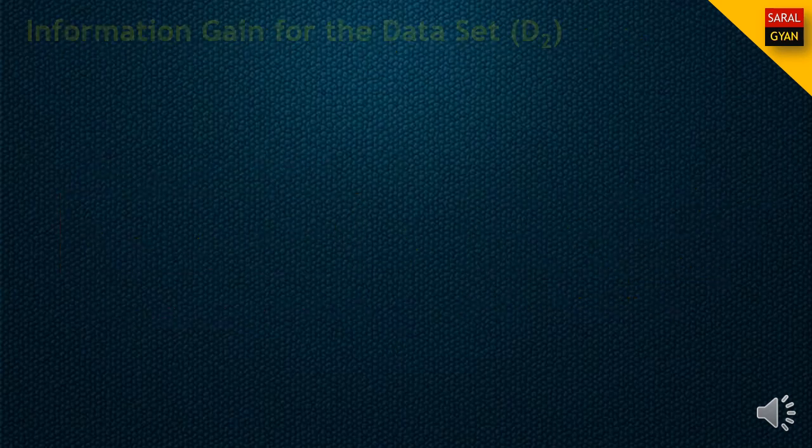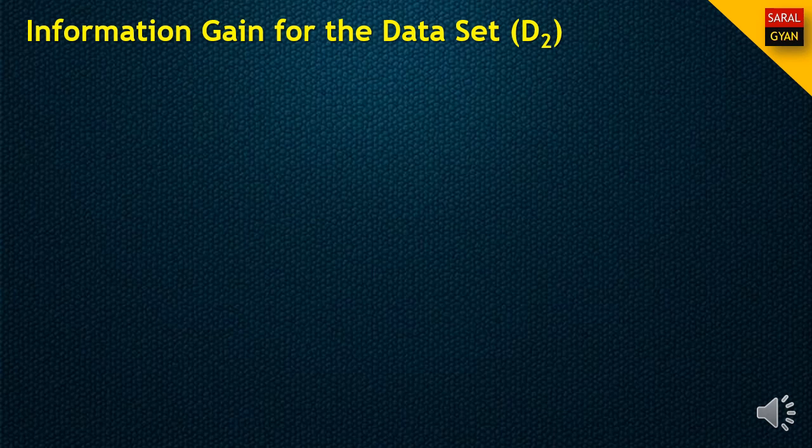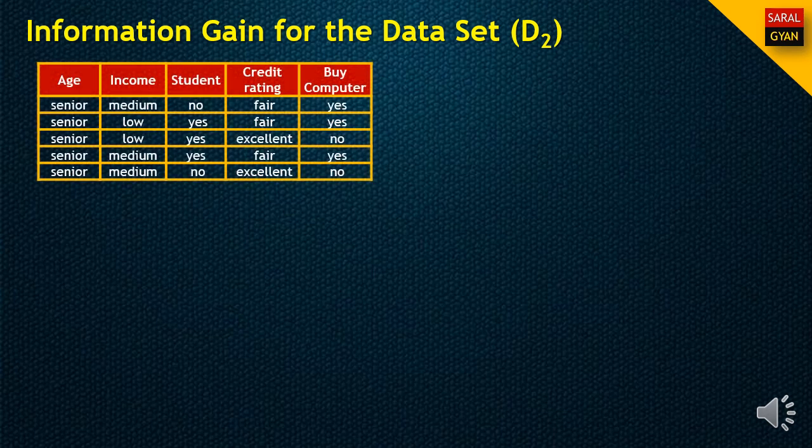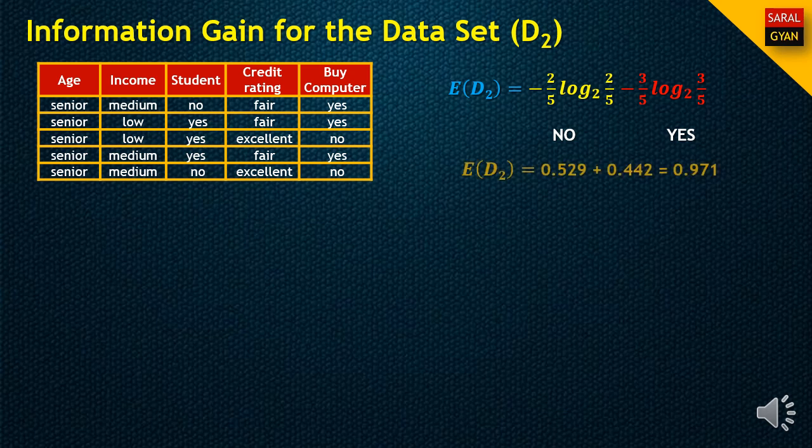So let's calculate the information gain for the second data set also, that is D2. This is the data where age equals senior. Now again calculate the entropy of the system. If you look at the buy computer attribute, there are 3 yes and 2 no, so the entropy will be 0.971.